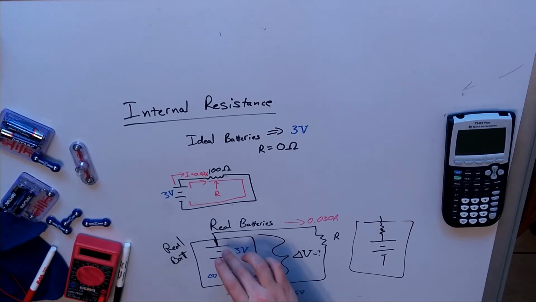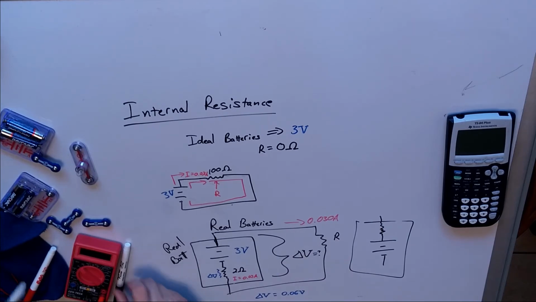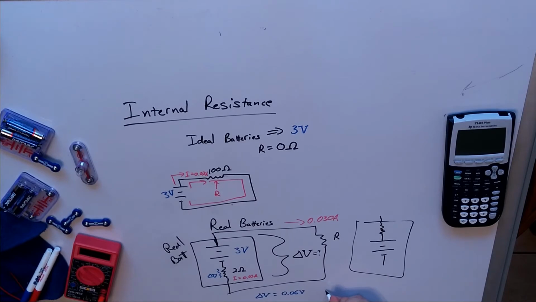Now, the ideal battery is trying to raise us up by 3 volts, but built into it, we have something that's already bringing some of this down. So our total delta V over here, if we read across it, is going to be, well, the battery is going to lift us up by 3, but that resistor is going to bring us down by 0.06 volts, and I would then end up with maybe 2.94 volts.